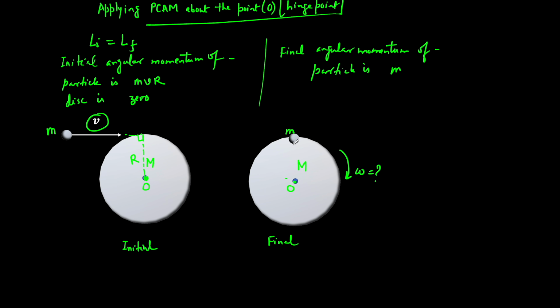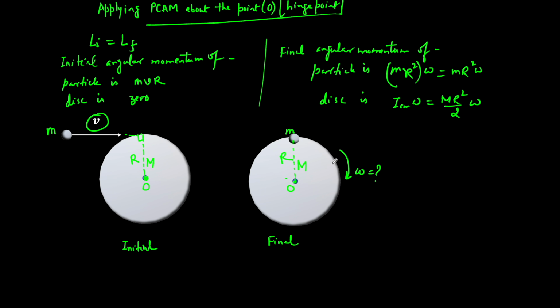The moment of inertia of the particle about point O is mr square, multiplied by omega. This is the distance r. So mr square omega. Final angular momentum of the disk is I_CM into omega, which is Mr square over 2 multiplied by omega.